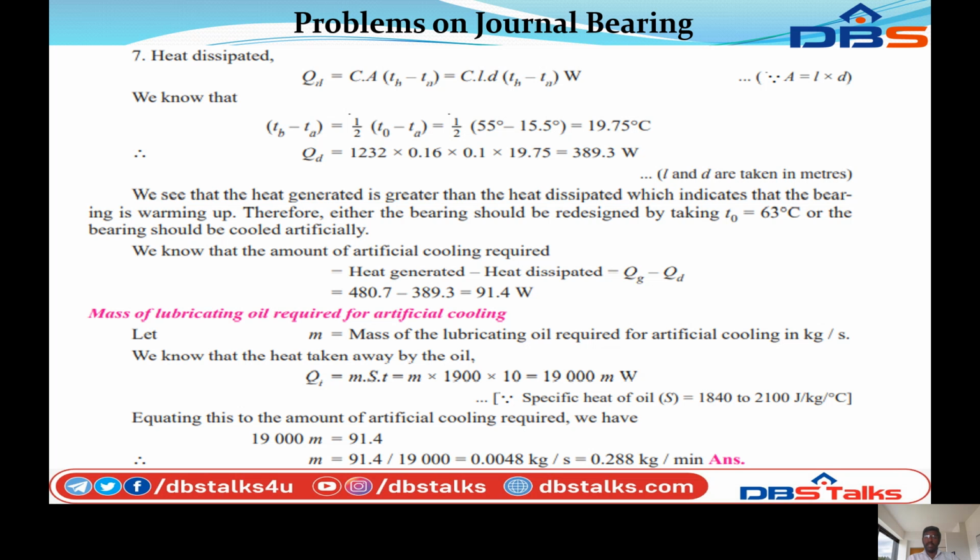Since the specific heat of the oil S is 1840 to 2100 joule per kg per degree centigrade, equating these we have 19,000 M equal to 91.4. Therefore M is equal to 91.4 divided by 19,000, that is equal to 0.0048 kg per second. Converted to minutes, that is equal to 0.2288 kg per minute.